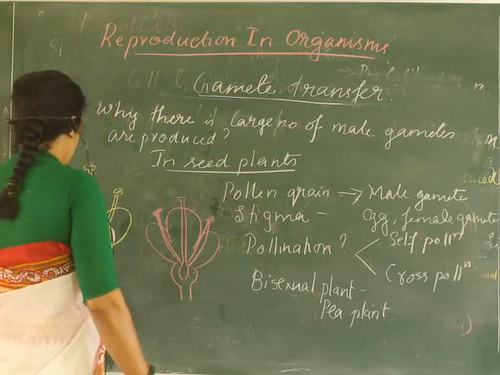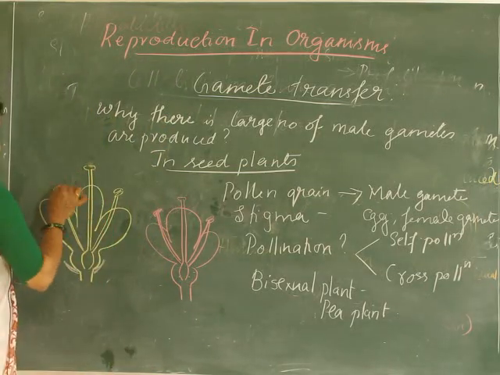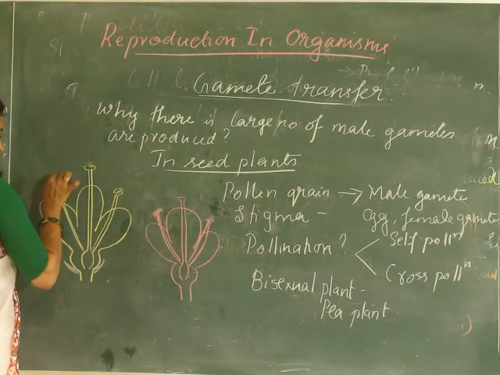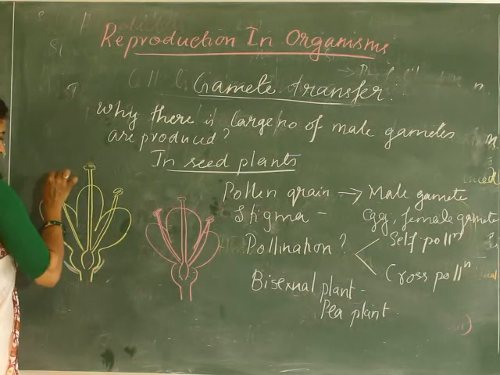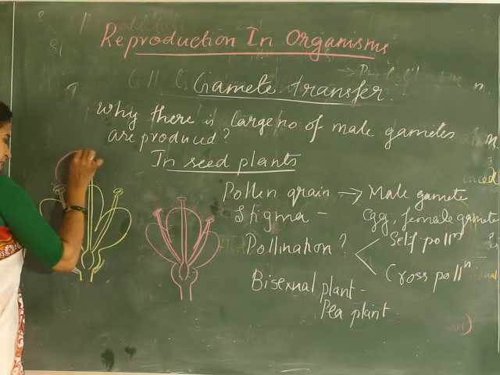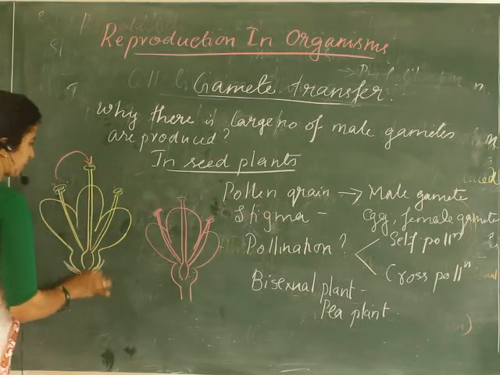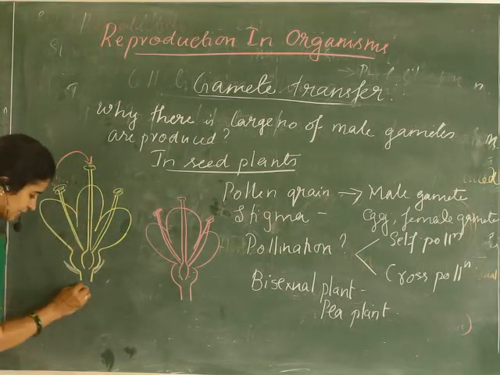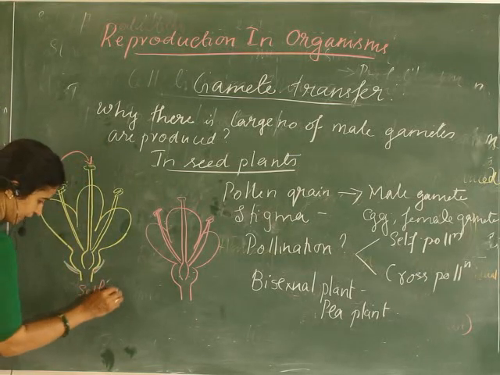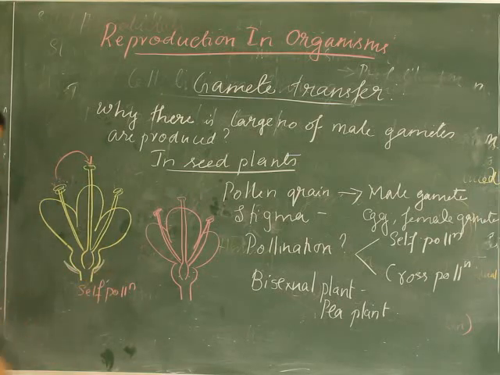Self-pollination: see, these are the anthers, which produce the pollen grains. This is the stigma. When pollen grains are transferred from the anthers to the stigma of the same flower, it is called self-pollination.